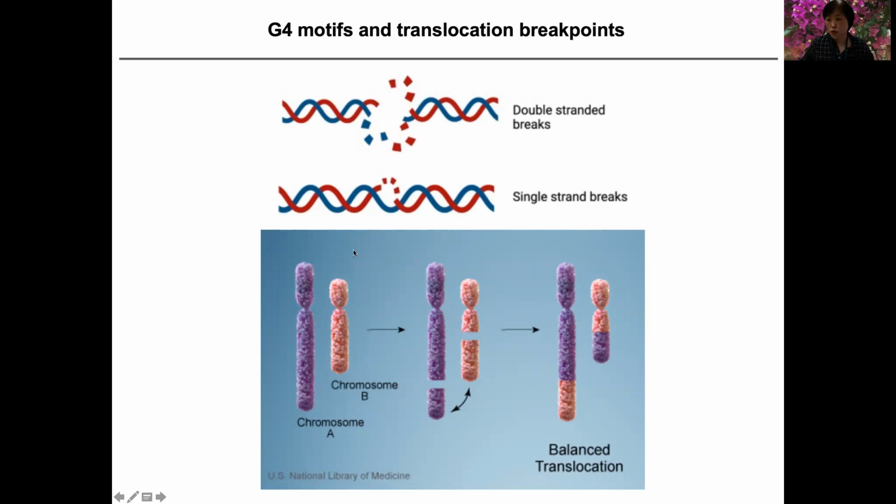When DNA is broken, either through double-strand break or single-strand break, different parts of different chromosomes, so here are two different chromosomes, can actually try to join ends in a way that results in this kind of mishmash mixture of chromosomes. Now, aberrant chromosomes are created through balanced translocation in this case.